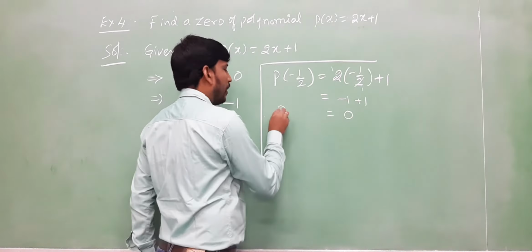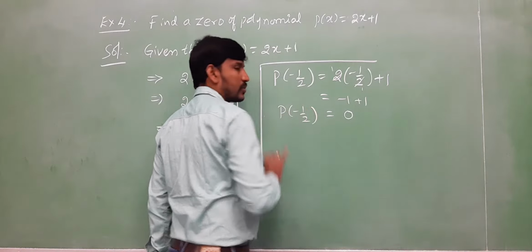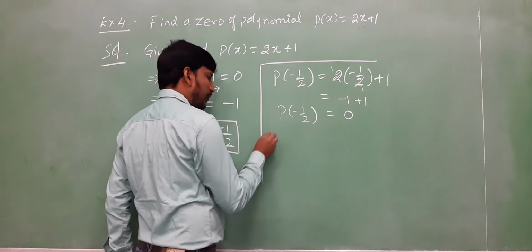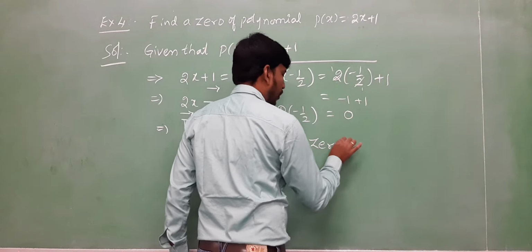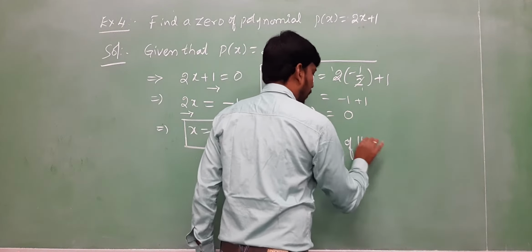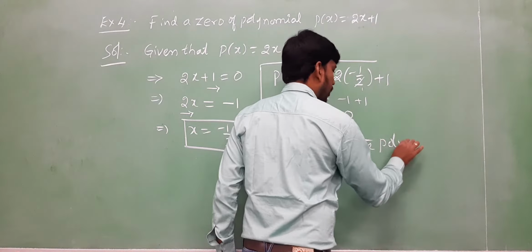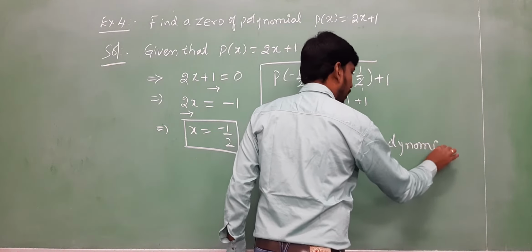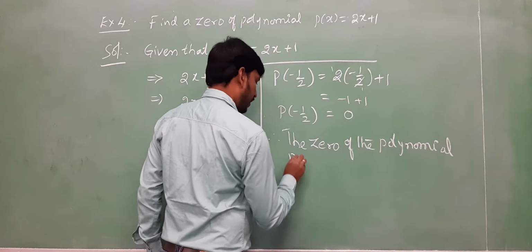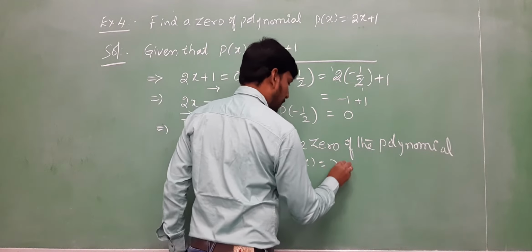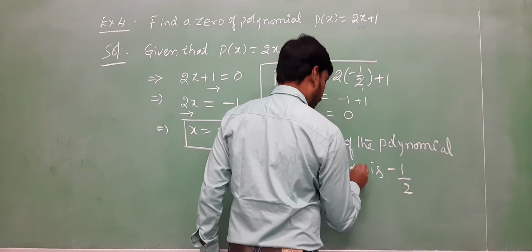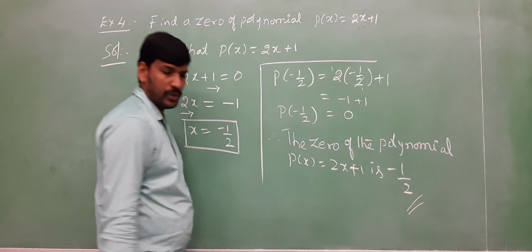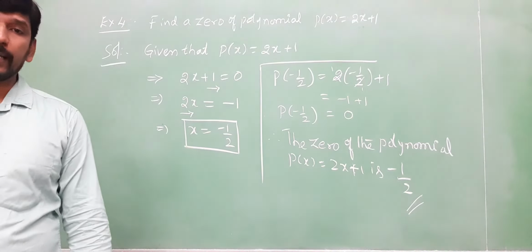So p of minus 1 by 2 equal to 0. Therefore the zero of the polynomial p of x equal to 2x plus 1 is minus 1 by 2. At minus 1 by 2 the value of the polynomial is 0.